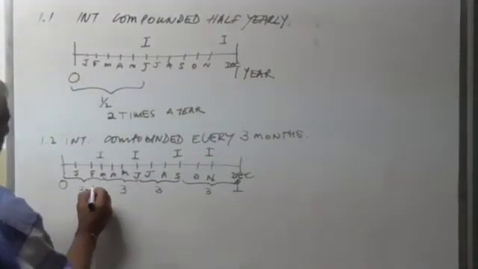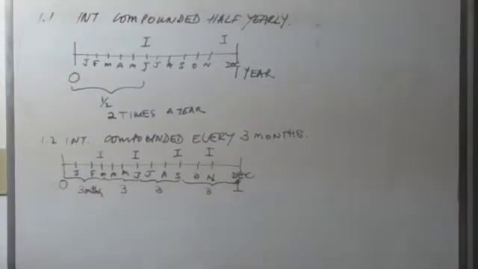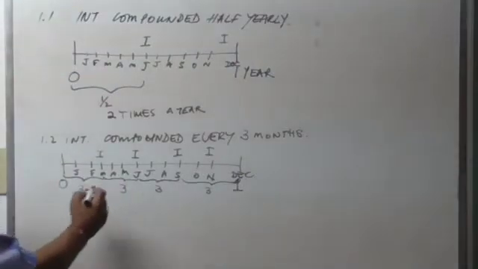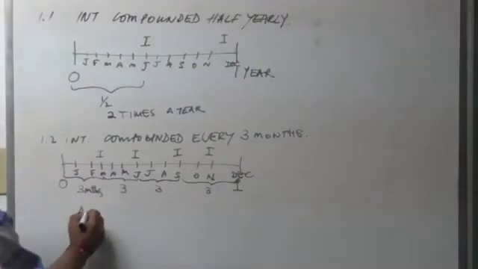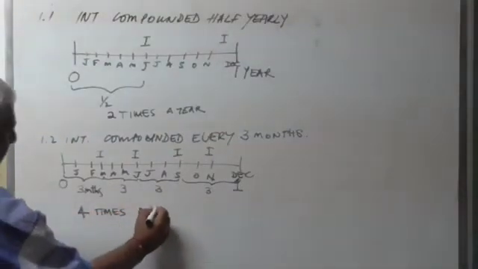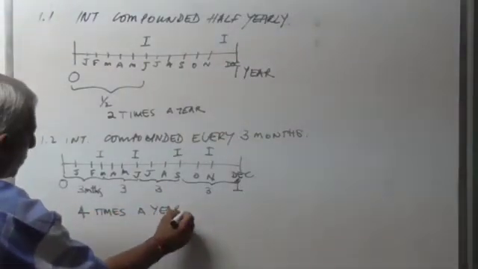This is 3 months. So you can see that when you get interest every 3 months, you'll get interest 1, 2, 3, 4 times. So every 3 months means you get 4 times a year. You get interest 4 times a year.